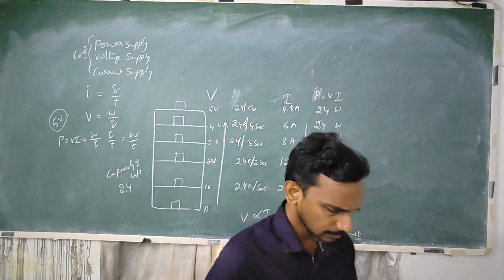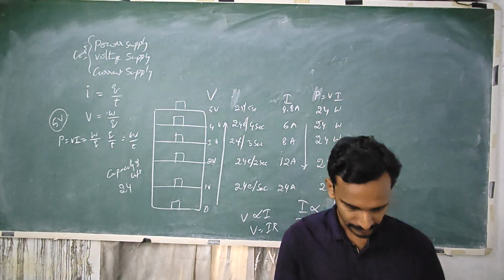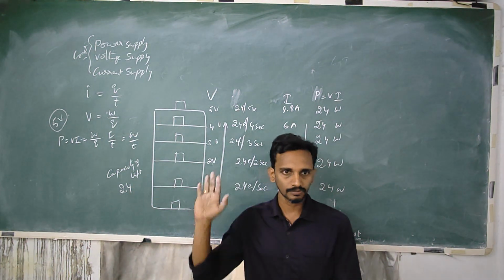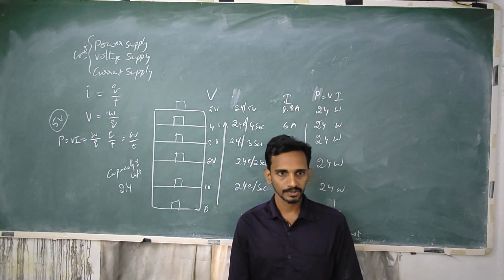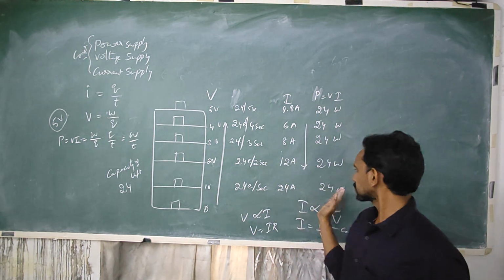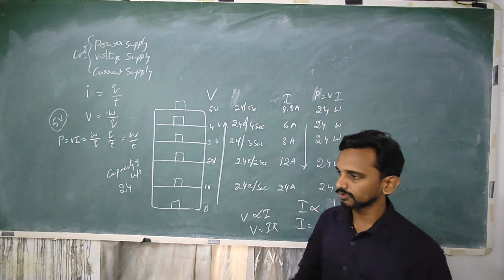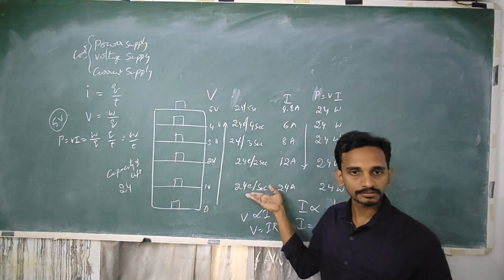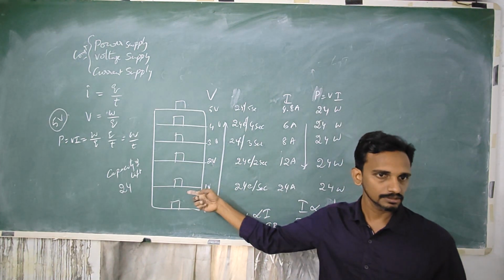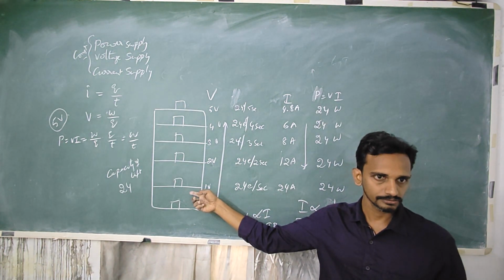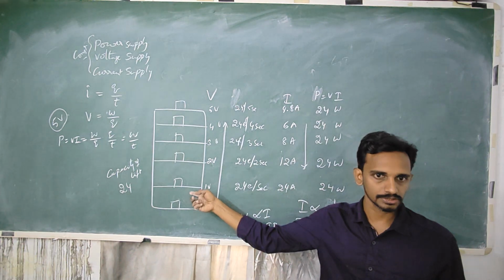So what is happening? The amount of power supplied by the power supply is constant. It is 24 watts. So if you distribute all the 24 watts to 24 electrons, you'll get 1 volt per charge.